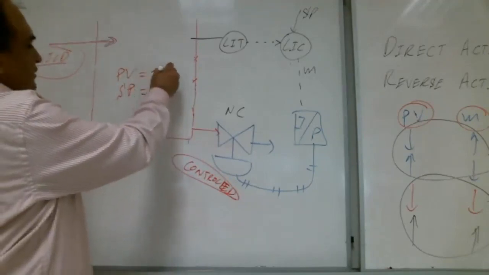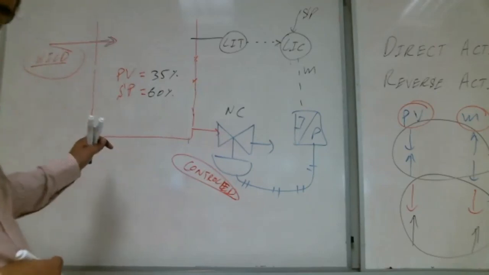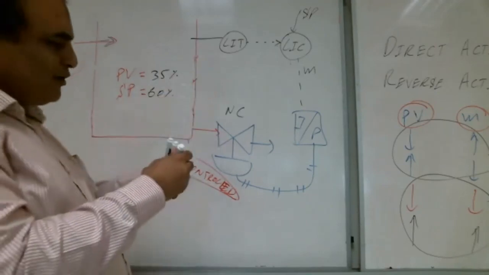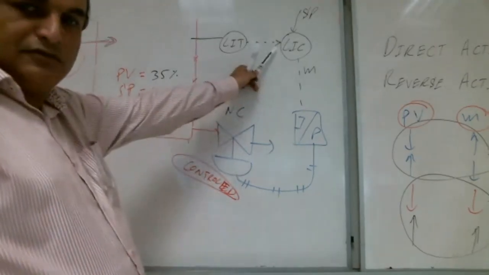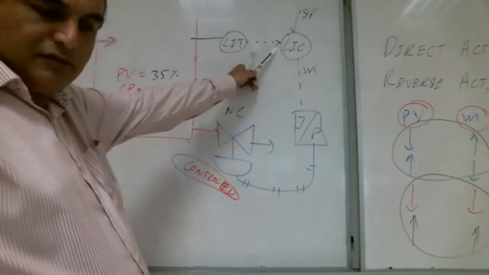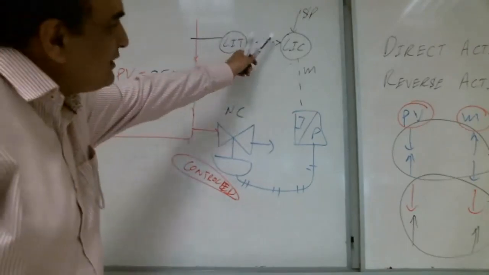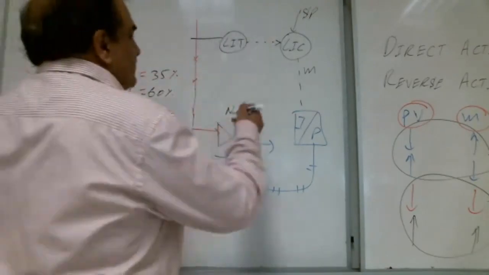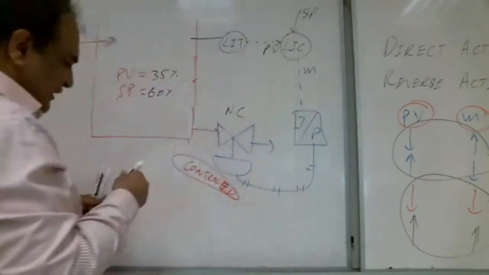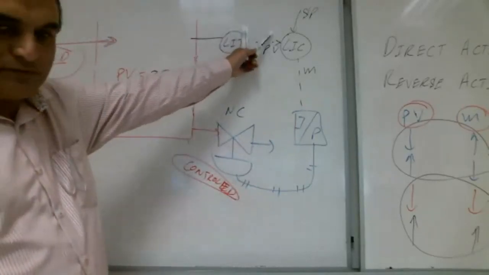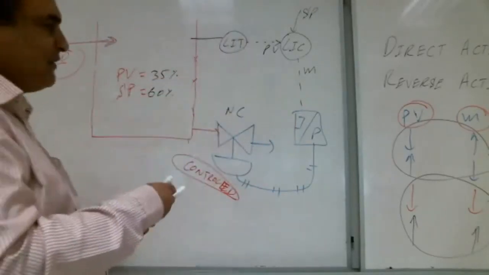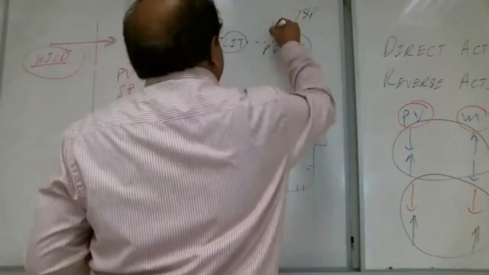Okay. So is the signal here more than needed or less than needed? First tell me the signal here, PV. This PV is coming here. Less than needed. Very good, less than needed.